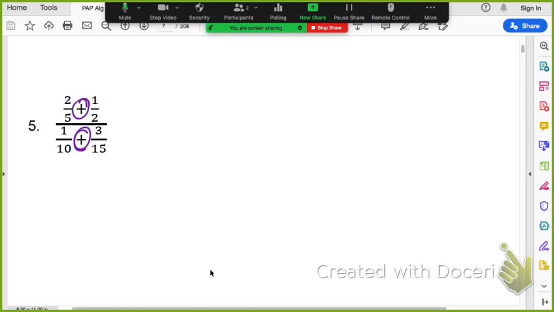And so what I want to do, let's just look at the top. The common denominator for the top would be what? I'm not even concerned with the bottom yet. 10. So that would be 4 over 10 plus 5 over 10, which gives me 9 over 10. Perfect.